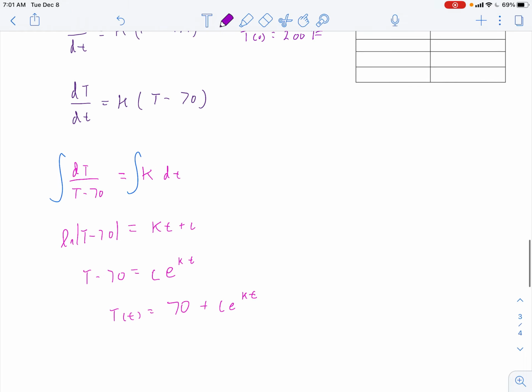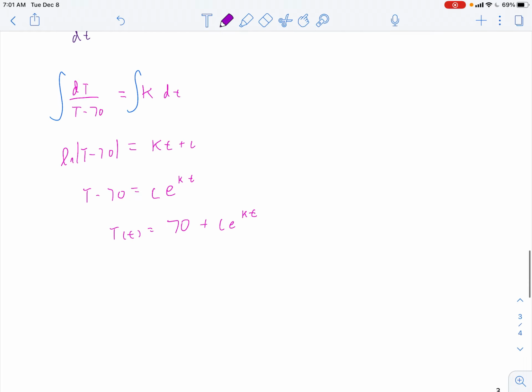We're going to use that initial value to help us solve for C. So at t equals 0, we have 70 plus C e to the k times 0, and that equals 200 degrees Fahrenheit. Now we solve for C, because we'll have 70 plus C equals 200 degrees. e to the 0 is just 1, and so C is going to equal 130.